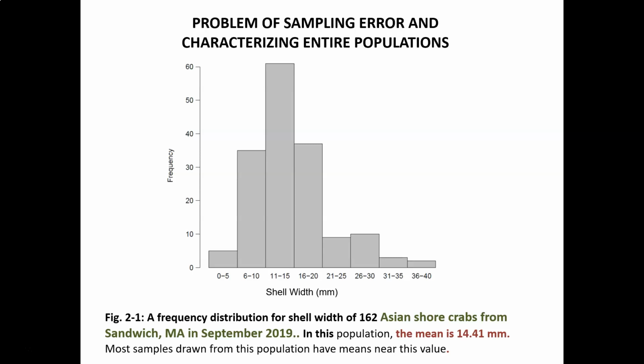The mean shell size of this sample was about 14.41 millimeters, and most of the other samples collected have shell values somewhat closer to it. But also notice that certain shells are extremely larger than the mean value, and certain shells are extremely smaller than the mean shell value, right?